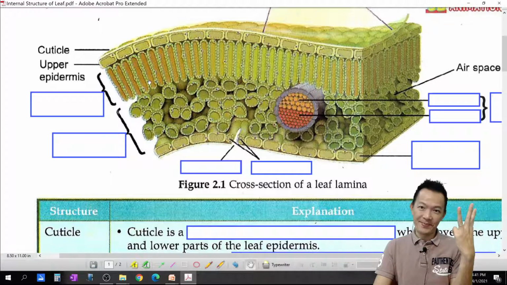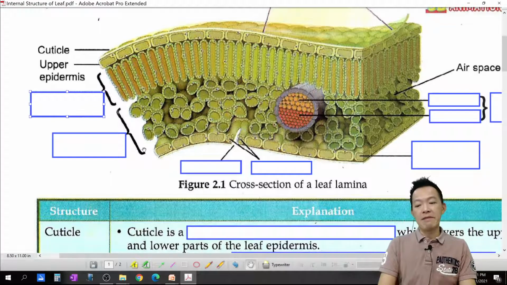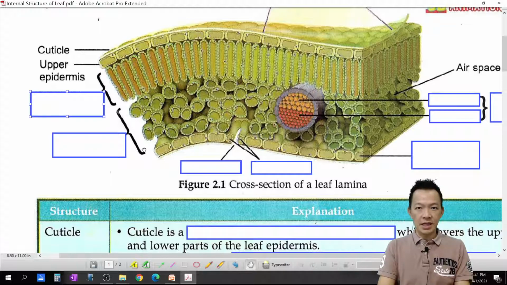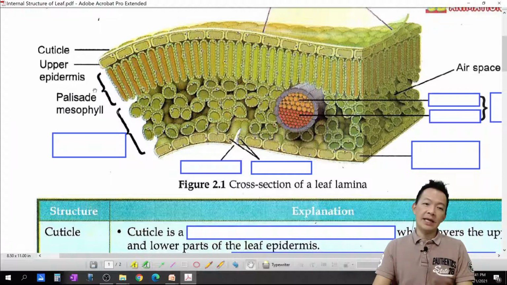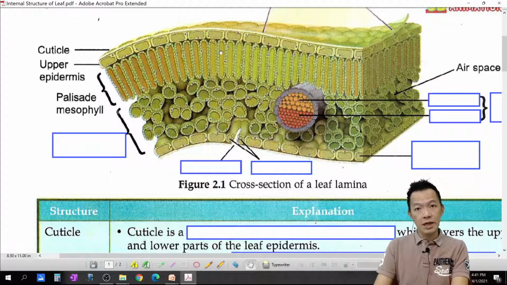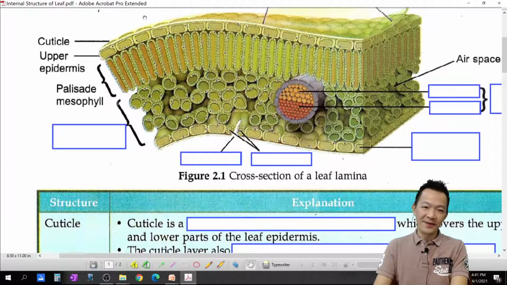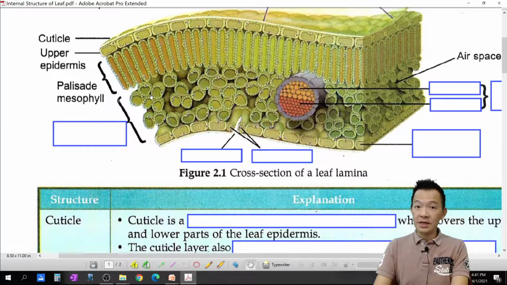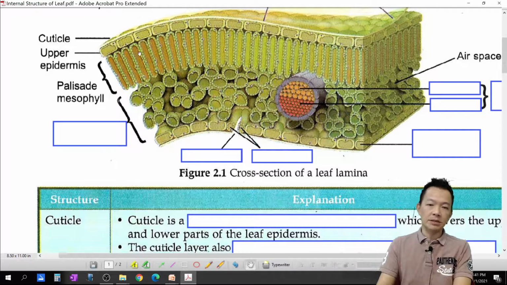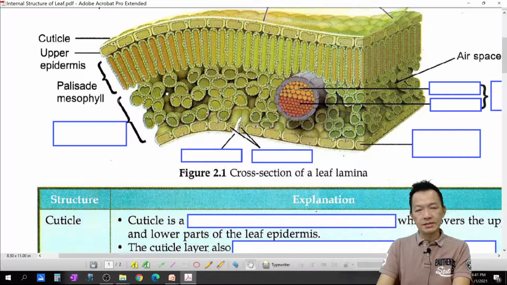Still remember? Okay, and this is the palisade mesophyll cells that contain a lot of chloroplast. It is a ground tissue, parenchyma tissue. And just under the palisade mesophyll, we have another one that still contains chlorophyll. But the amount of chlorophyll compared to the palisade mesophyll is less. And they arrange loosely. Why do they arrange loosely?